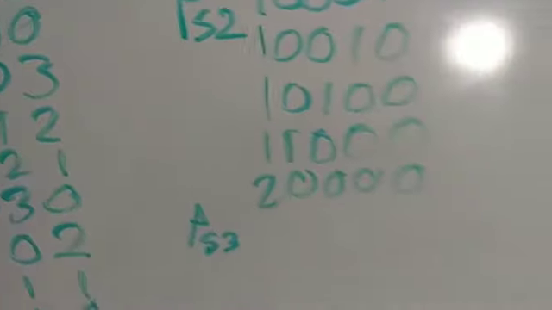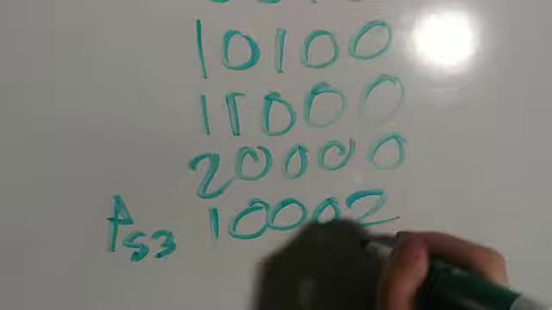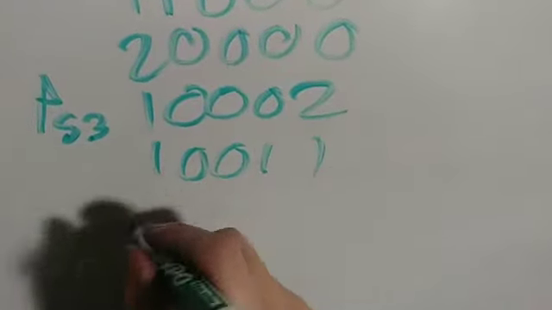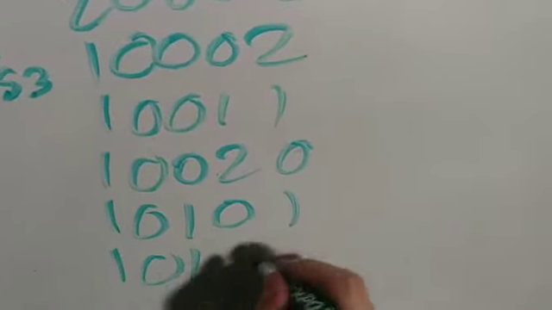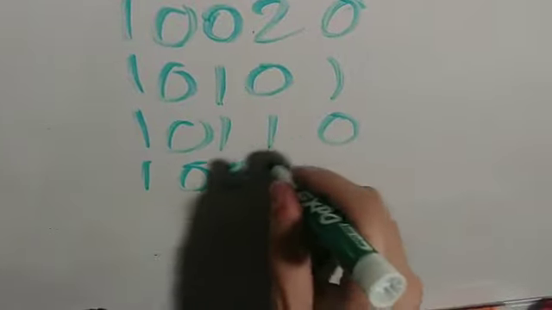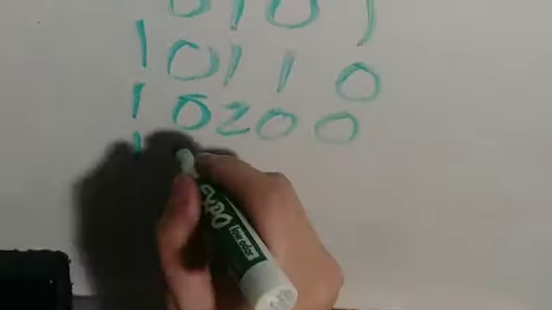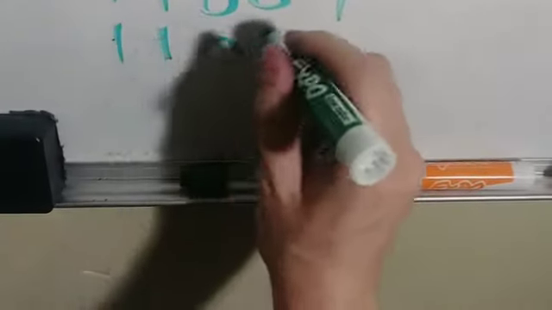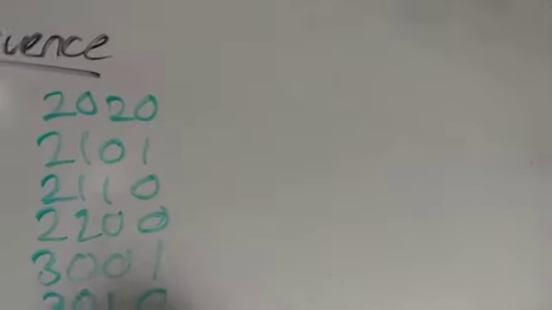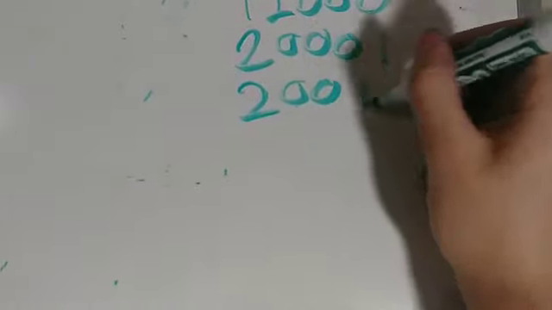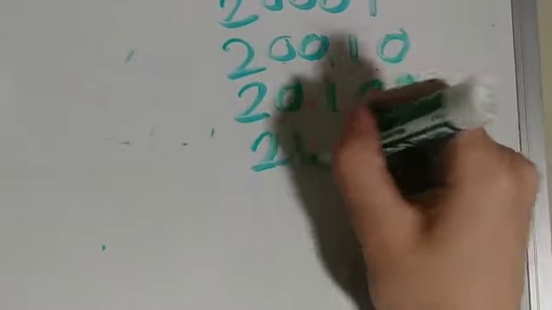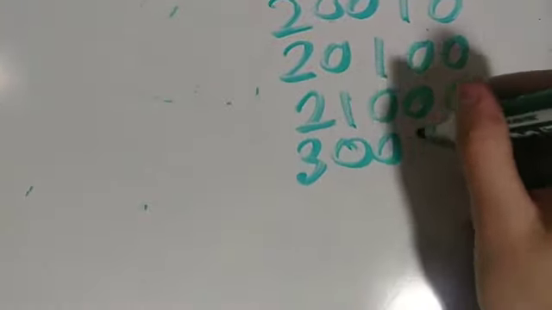P53, 10002, 10011, 10020, 10101, 10110, 10200, 11001, 11010, 11100, 12000, 20001, 20010, 20100, 21000, 30000. One more column and that'll be it.